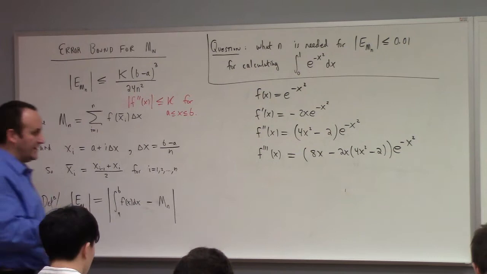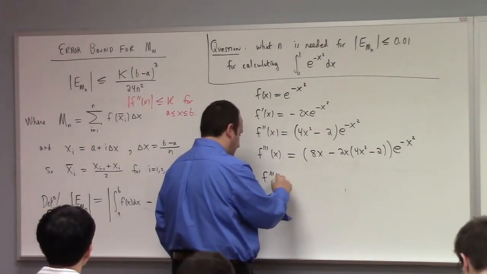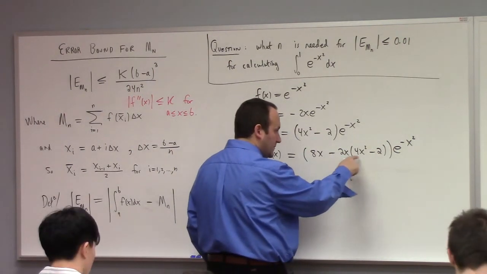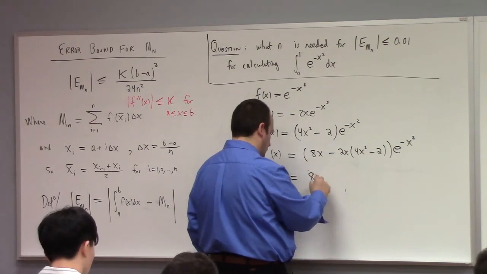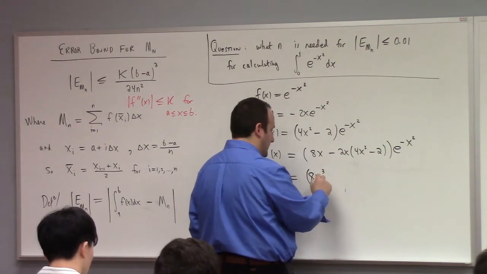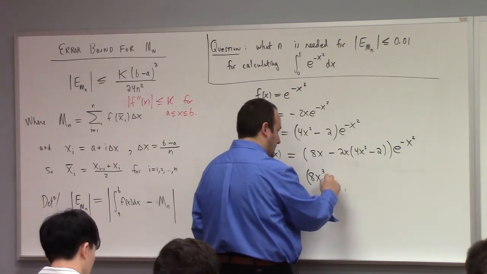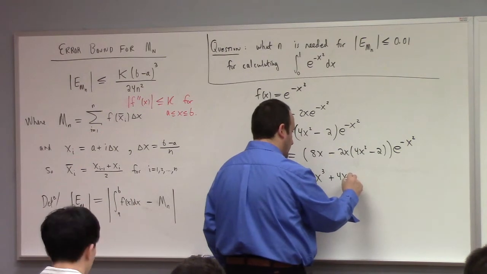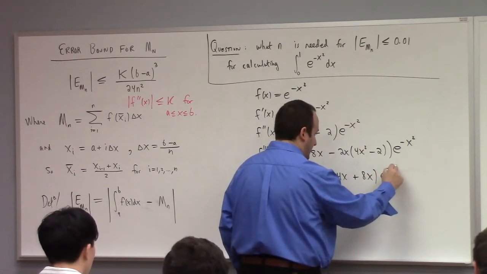All right, what do we got here? Let's clean it up. F prime prime prime of x equal to, what do we got here? 8x cubed. Looks like plus 4x plus 8x, yeah? Did I miss anything?